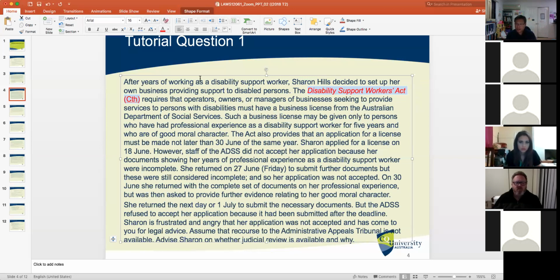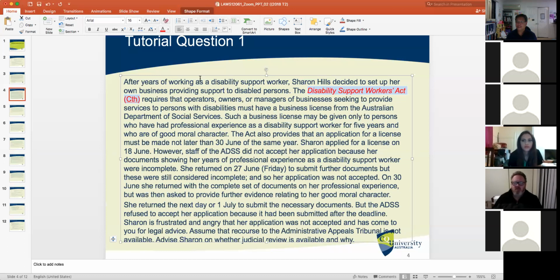So in relation to the ADJR Act, you can only have a review of administrative decisions under the ADJR Act if the administrative decision was based under an enactment. Are we clear? So from Josh, so as the decision not to accept the application was based upon the guidelines of the DSWA, then judicial review is available.